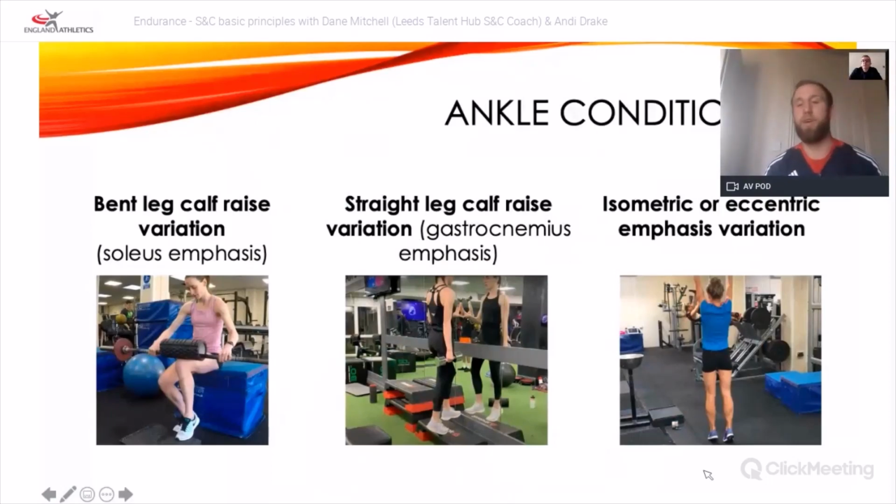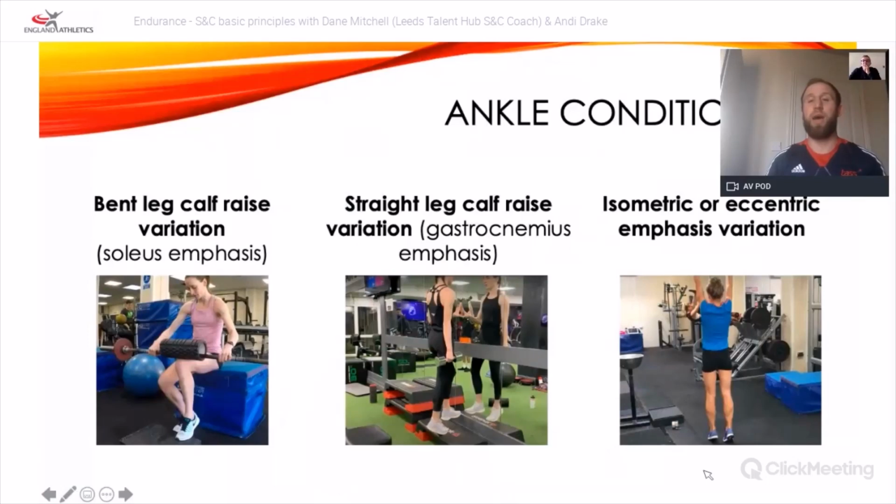Okay, and then the third variation that I utilize in my programs is isometric or eccentric emphasis variations. Now, if you don't know the technical terms and language, those are contraction types. So an isometric is essentially where you're holding a position or pushing and your joint angle stays in the same position.